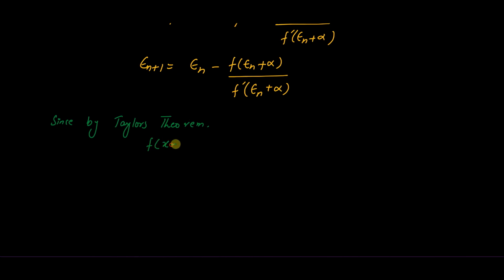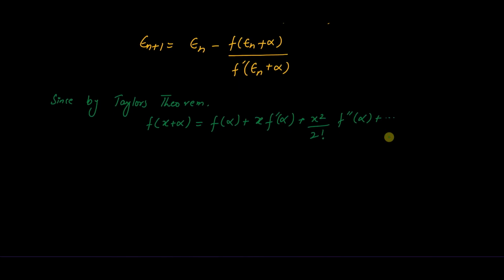The general form of Taylor's theorem is f(x + alpha) = f(alpha) + x f'(alpha) + x^2/2! f''(alpha) + and so on.